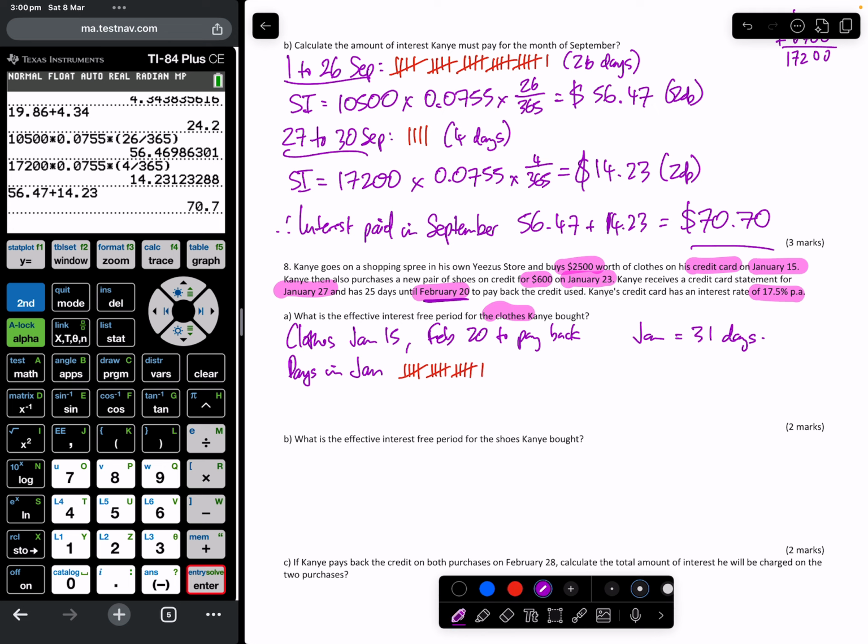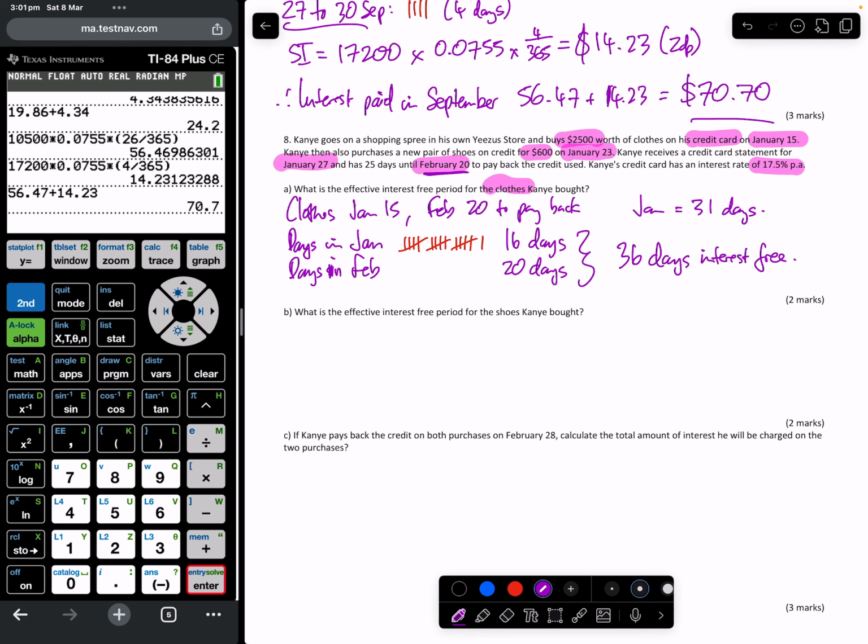That's 16 days. And then days in Feb are going to be 20 because you're told it's February 20th, 20 days. Therefore, 36 days interest free.